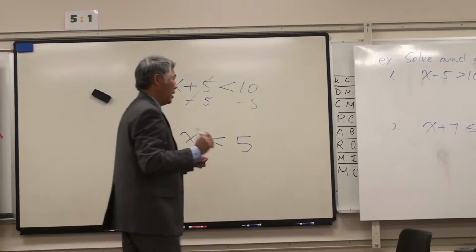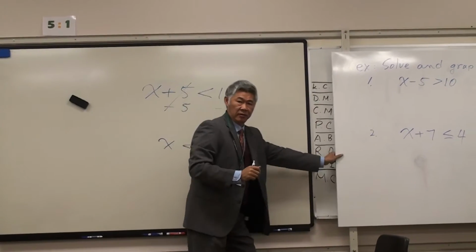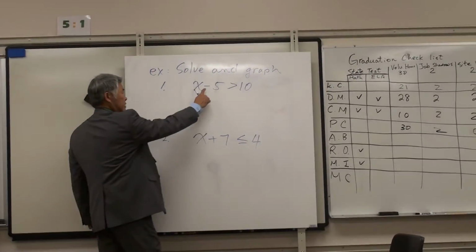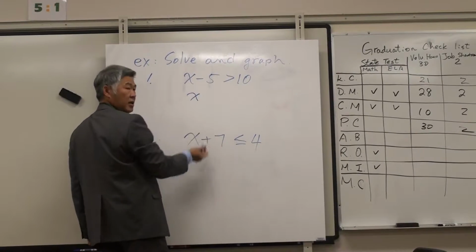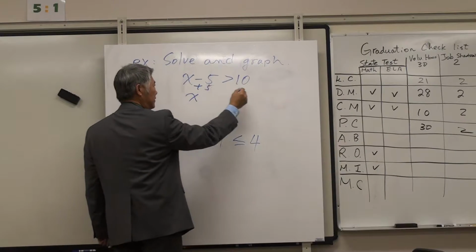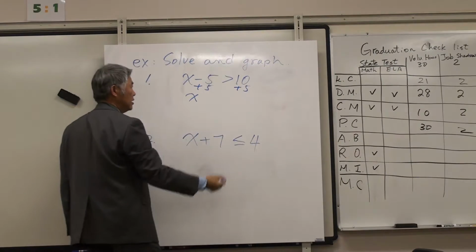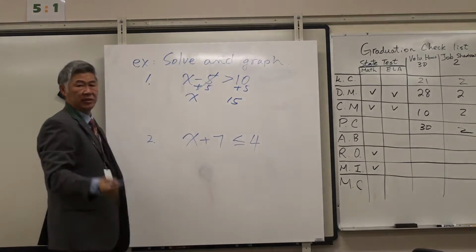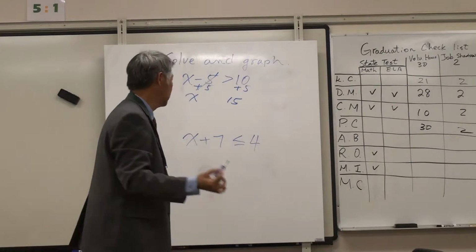Now, let's do some examples. Okay. Example 1. Since you want to isolate x, you add 5 to both sides. That makes 15. Cross out, because negative 5 plus 5 makes 0.